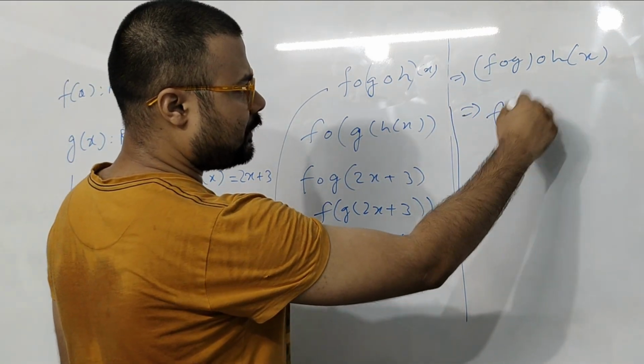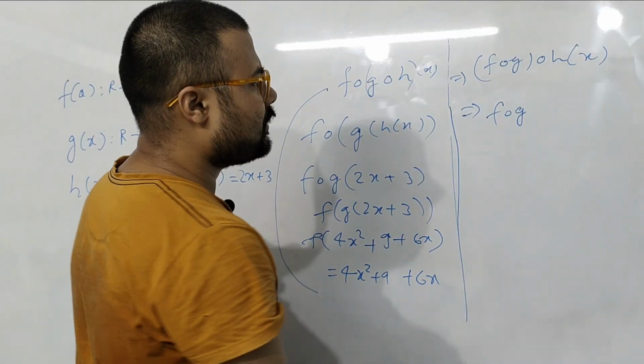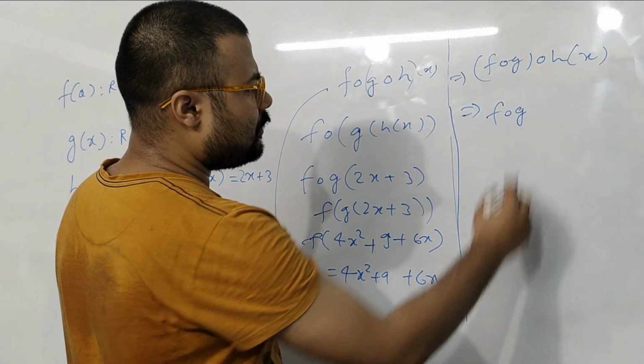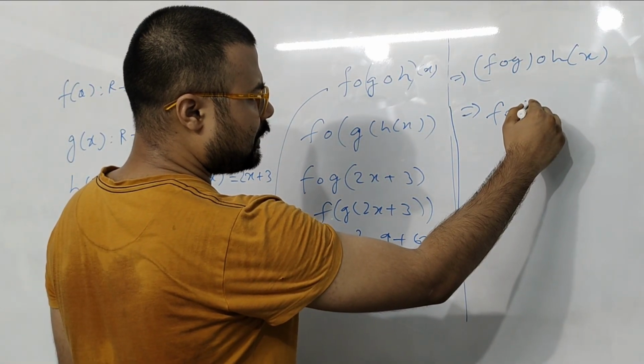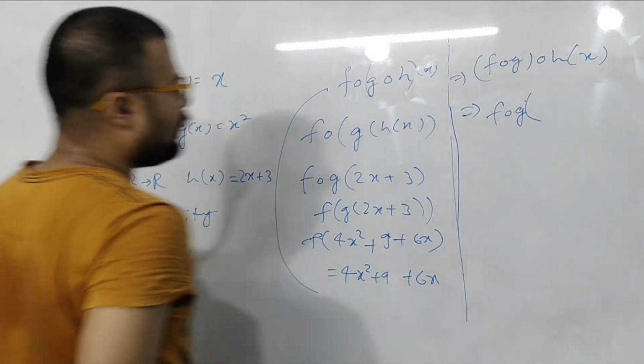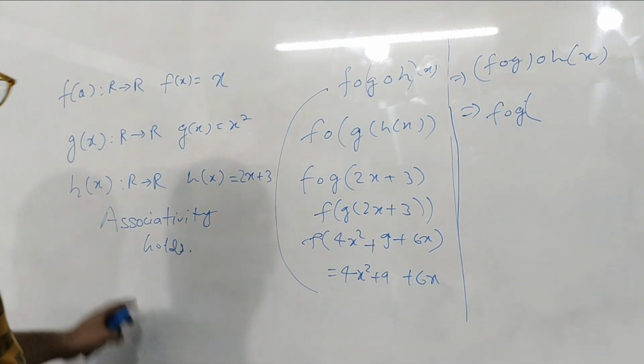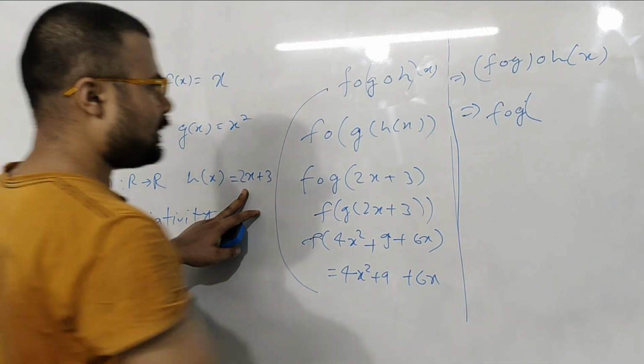Now f of g of h of x, so this is equal to fog of h of x. H of x is 2x plus 3.